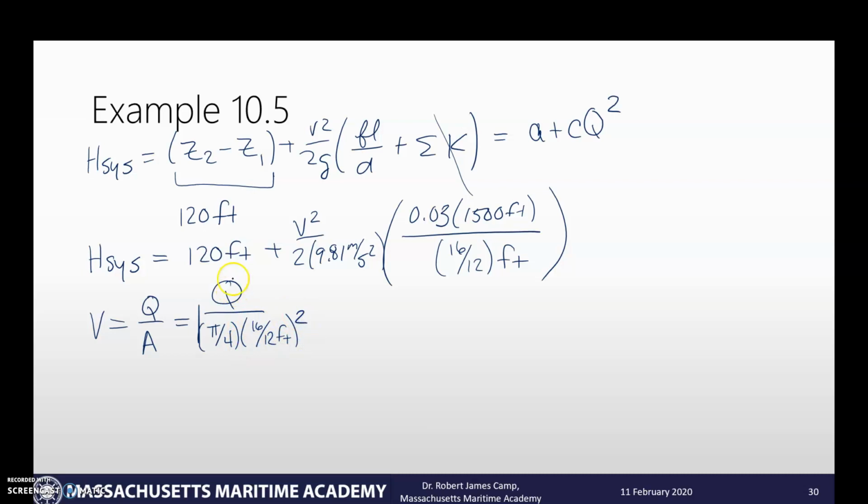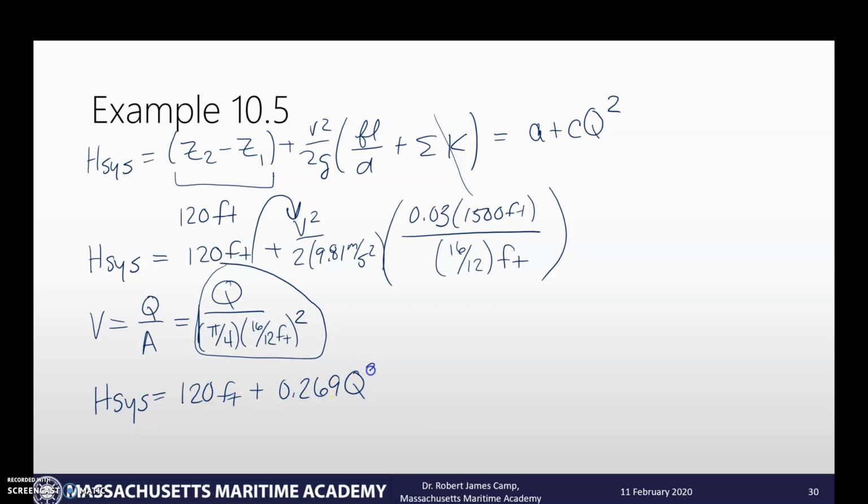So I'm going to take this term, plug that right in for the V, and then bash everything together. Plug it all into my calculator, churn it out, and what I'm going to be left with is the H of my system is 120 feet plus 0.269 Q squared feet.